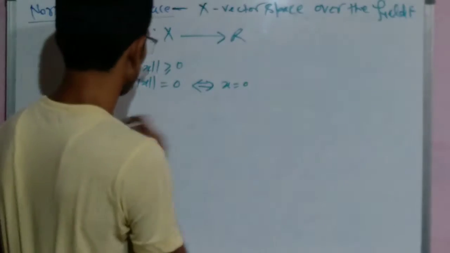Second, norm of x equals 0 if and only if x equals 0.